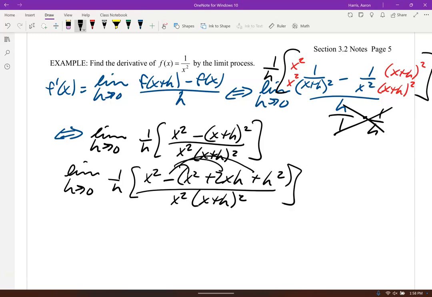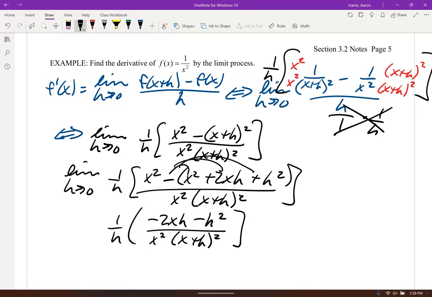Distribute that, and notice that the x squareds cancel. So you have x squared minus x squared gone, minus 2xh minus h squared, all over x squared, x plus h squared. Let me take that h through the bottom there.